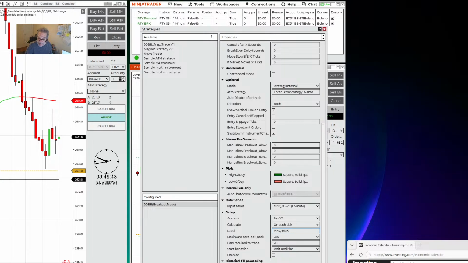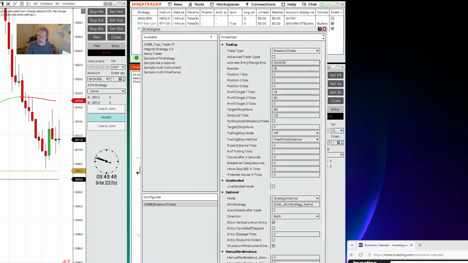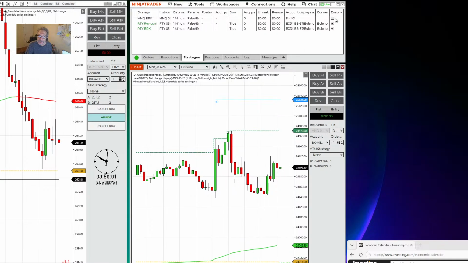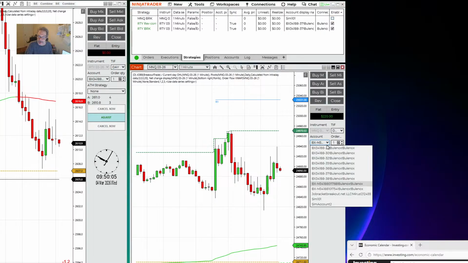Right now it's on sim. We'll test the bracket by putting the time on 0 for a moment. Order submitted. Order canceled. There's quite a bit of volatility on the MNQ. Get rid of the vertical line on entry. Put the time back. Make sure your chart's on Eastern time, the right US time.